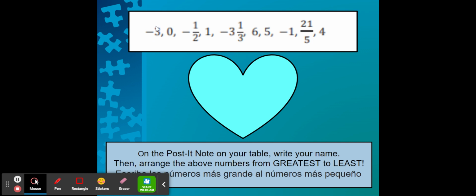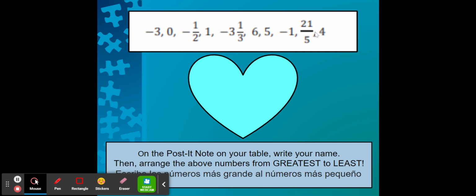You've got -3, 0, -1/2, 1, -3 1/3, 6, 5, -1, 21/5, which you may want to transpose into a mixed fraction, and 4.